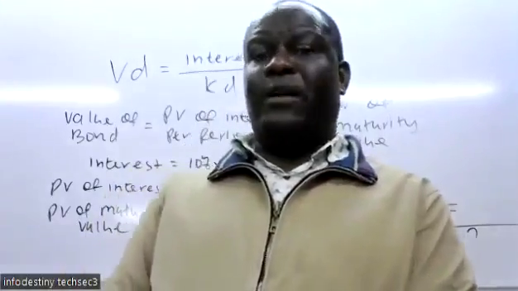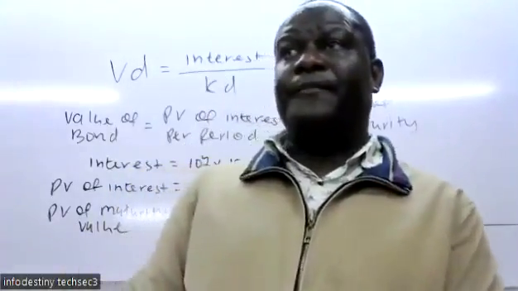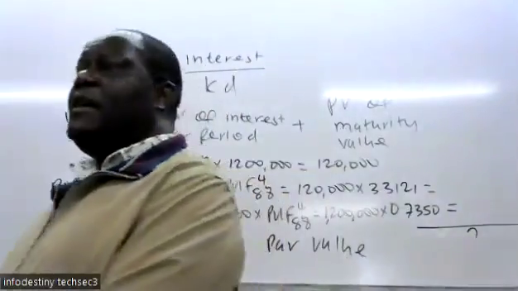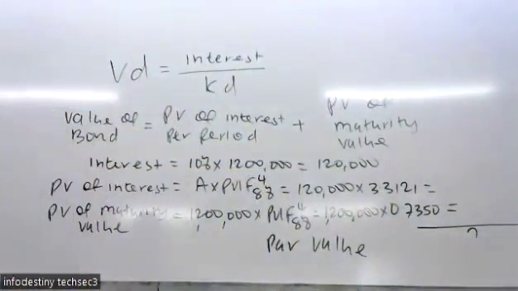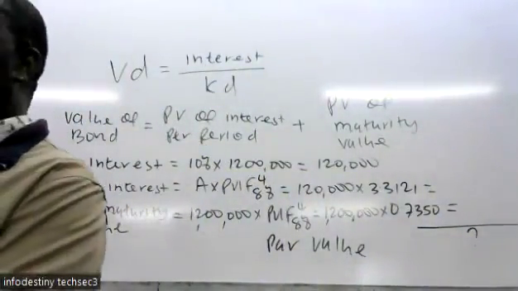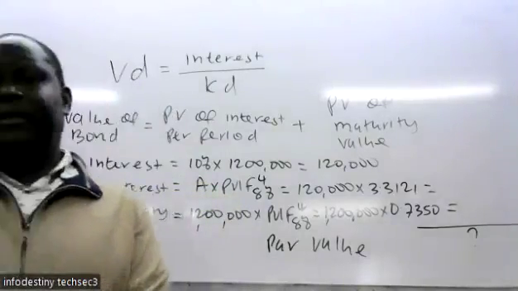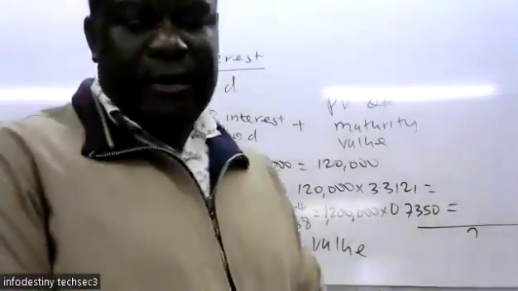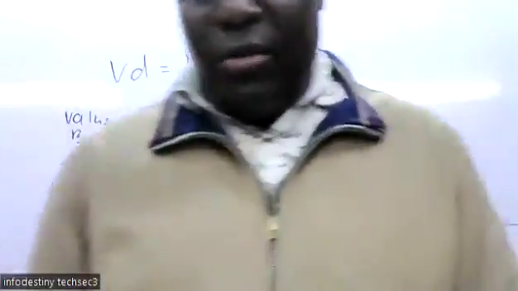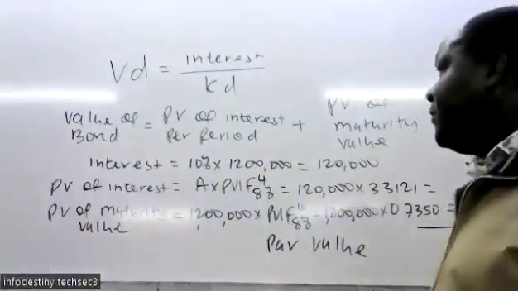So going back to the point I've given you, that unless otherwise stated, maturity value is the same as the par value. So this one is adjusted now. It is stated that it will be adjusted. So to answer the question, we have seen how to get the value for the bond.